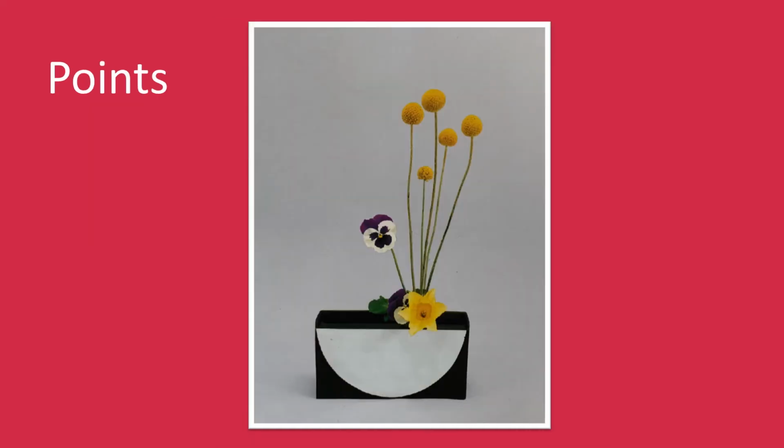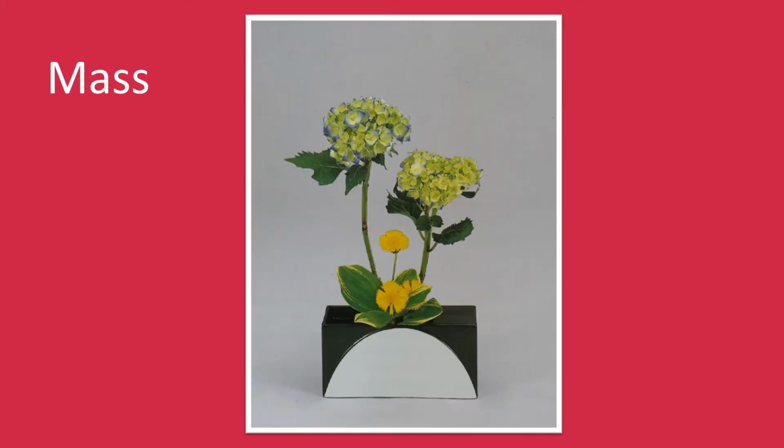All the material in this arrangement, the golden stick, the pansy, and the daffodil, are considered points. The large hydrangea flowers, as well as the accumulation of Solomon's seal, represent mass in this arrangement.